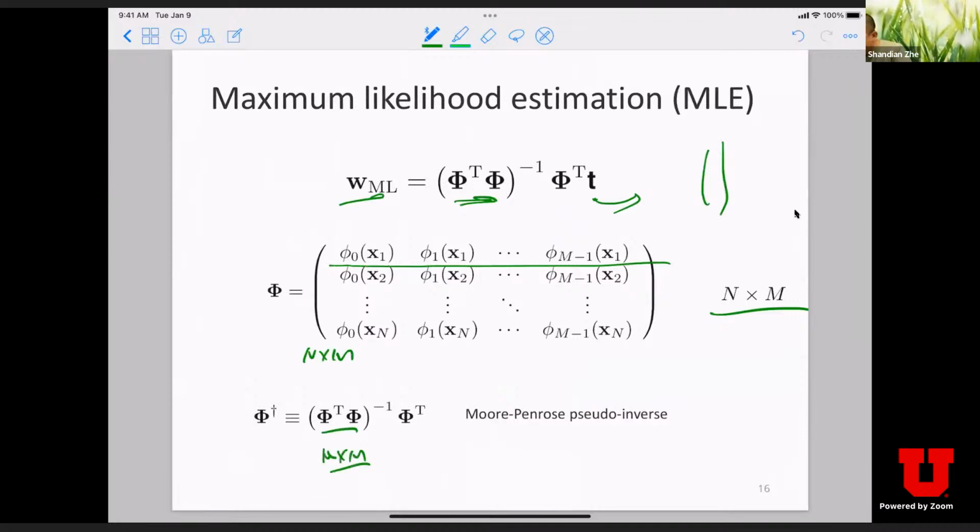If you use many basis functions such that the number of basis functions m is even bigger than n, we know that phi transpose phi will be low rank. The rank will be less than or equal to n. So that means the exact inverse of phi transpose phi won't exist.